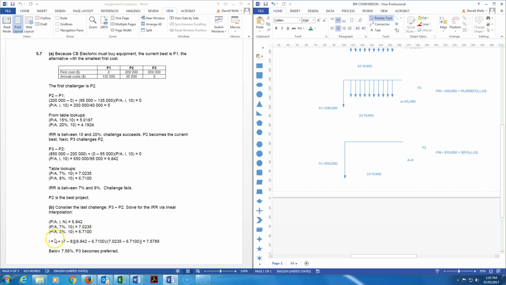We use these 3 points in our interpolation formula, and we can determine that the exact incremental rate of return for the challenge of P3 to P2 is 7.5789%. This is obviously lower than our 11% MARR, which means that the challenge of P3 fails and P2 becomes the overall winner. There's a mistake in the notes: P3 is not the winner. P2 is actually the winner.